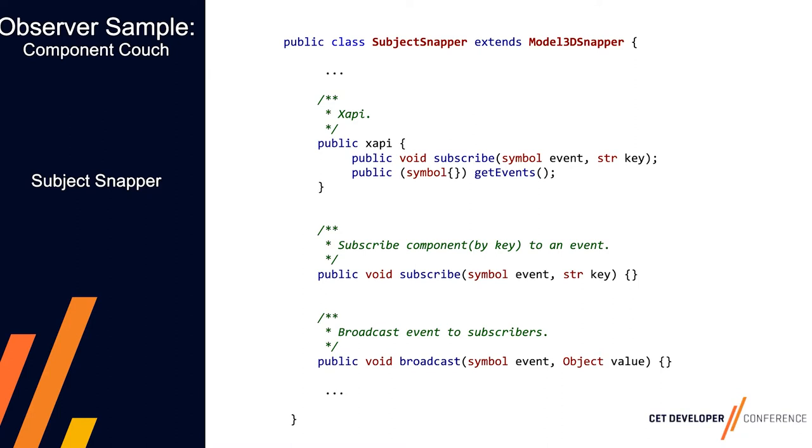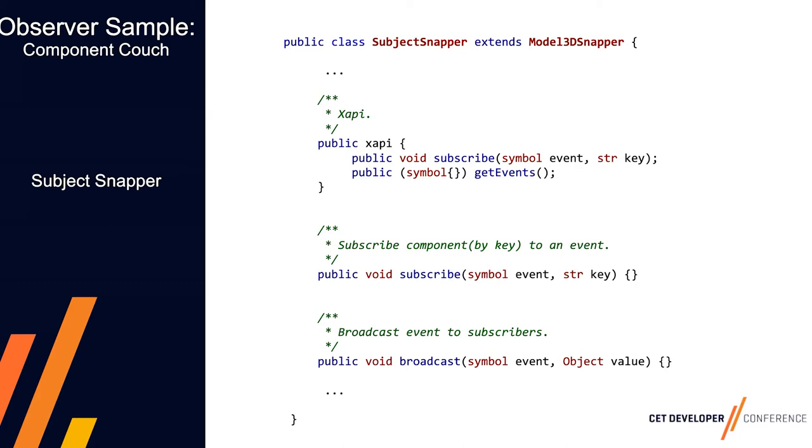We also are exposing a get events method through XAPI. This isn't necessarily part of the observer pattern, but it's very helpful. I noticed in my own development of this that it helps if the component can actually ask, what are the different types of things that I can subscribe to?